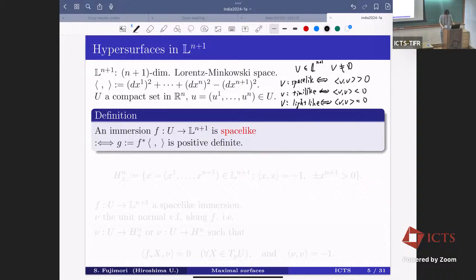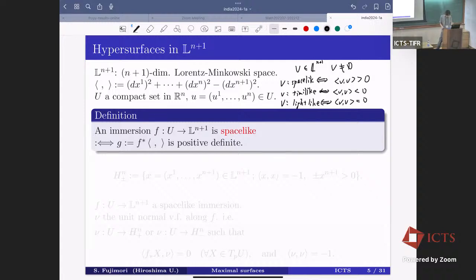Also, we say v is future pointing if the (n+1)-th component is positive, and past pointing if the (n+1)-th component is negative.